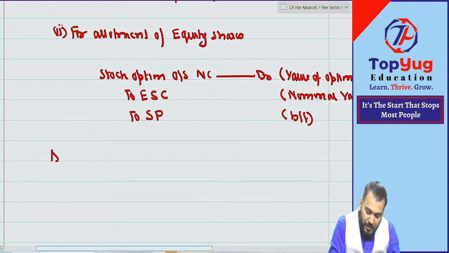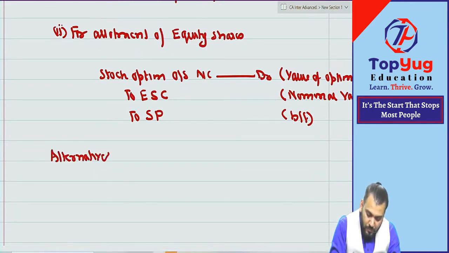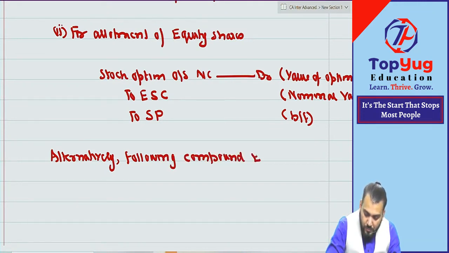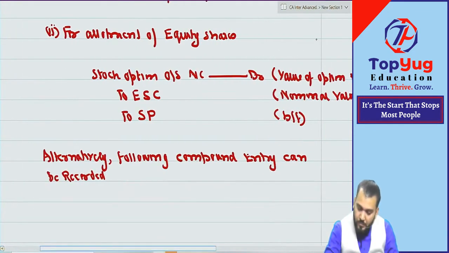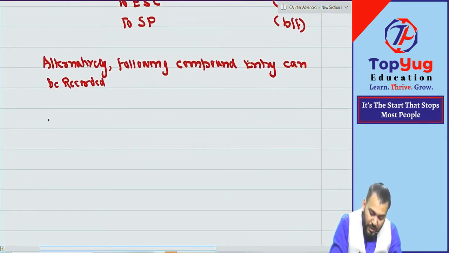Can I say alternatively, the following compound entry can be recorded? In exam we'll do a compound journal entry. Tell me, what journal entry?